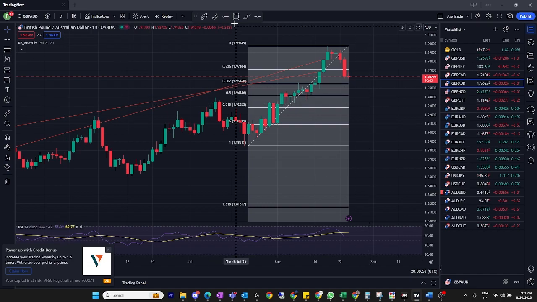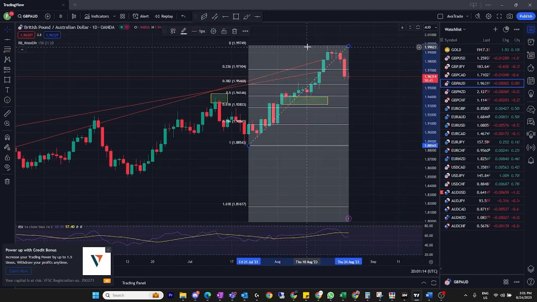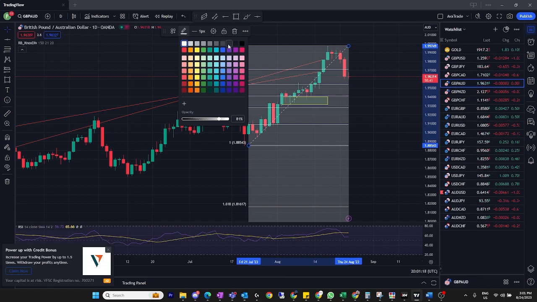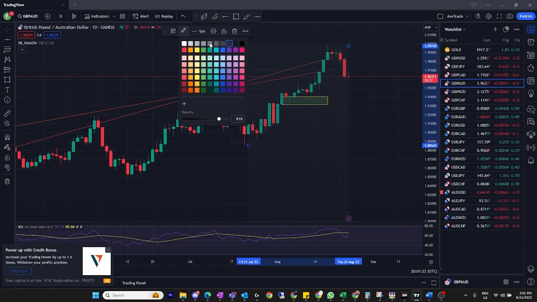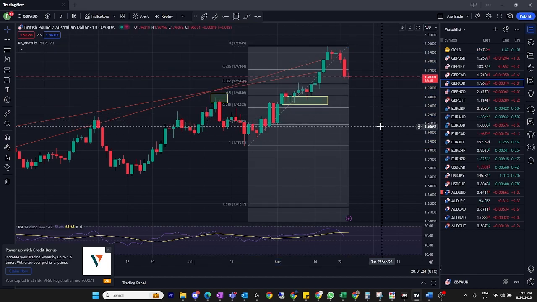Tapos, ma-mark natin yung mga levels of support and resistance. So, isa to. Tapos, ito. So, tatanggalin ko lang to para maayos na natin. Yan. Okay.